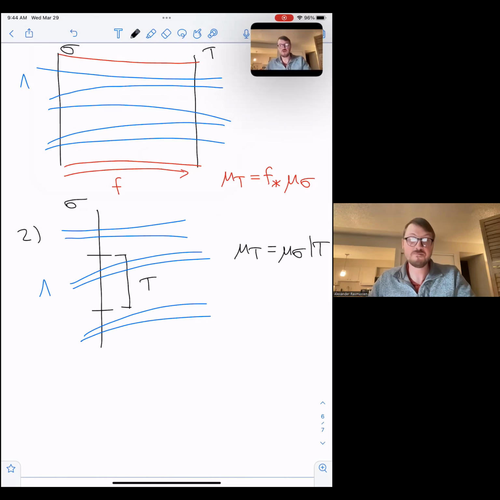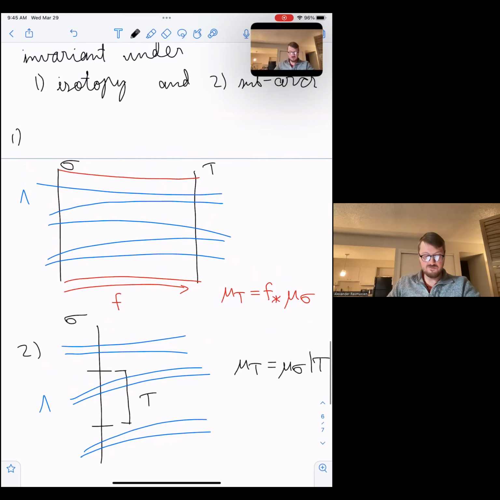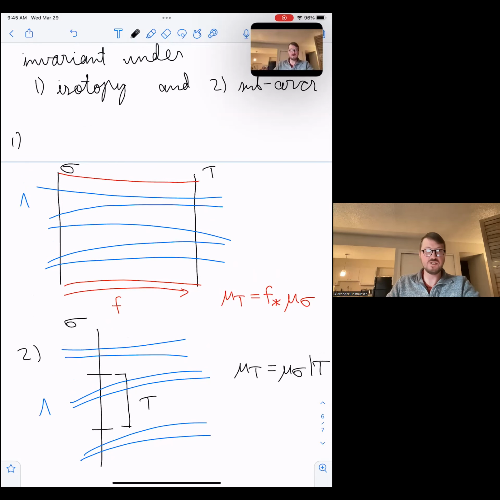So the measures agree. Okay, so transverse measures are like an analog of invariant measures for dynamical systems. The analogy comes from considering the leaves of the lamination as being similar to flow lines of a dynamical system. And if you take that perspective and push the definition through, you see that it more or less matches up with the definition of an invariant measure.